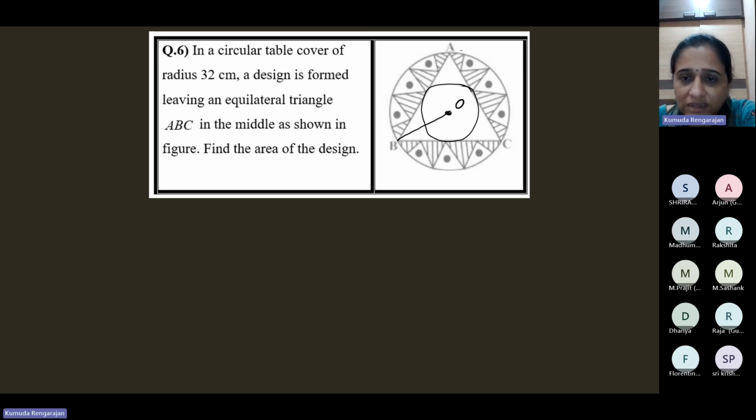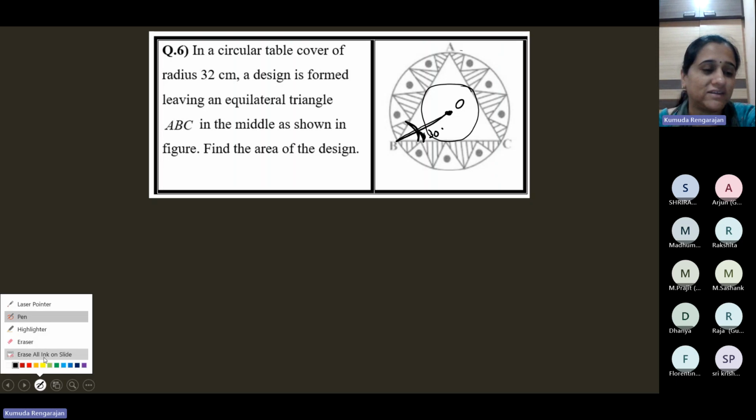So when you join the incenter to any of the three vertices, here we've joined O to B, OB will be the bisector of this angle. All this you don't have to write. This is the background behind taking this angle as 30 degrees.